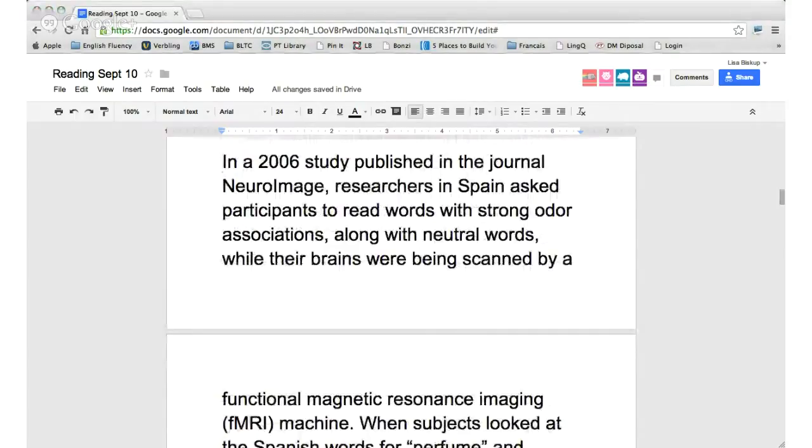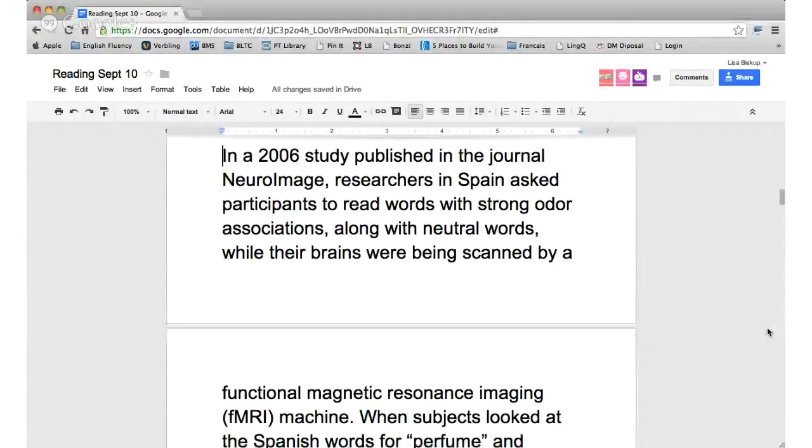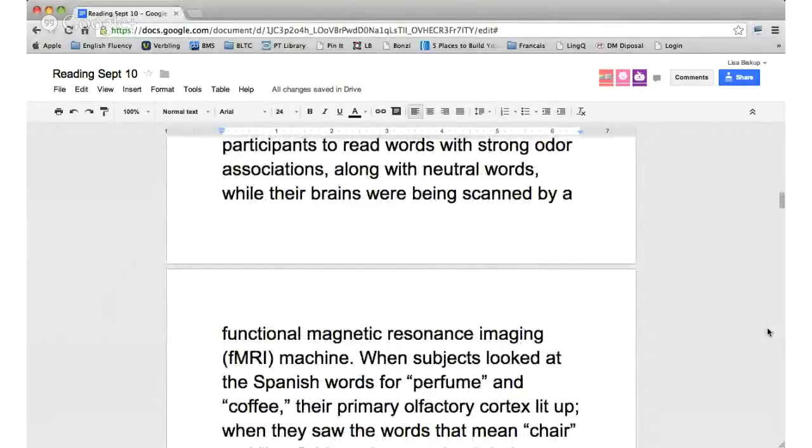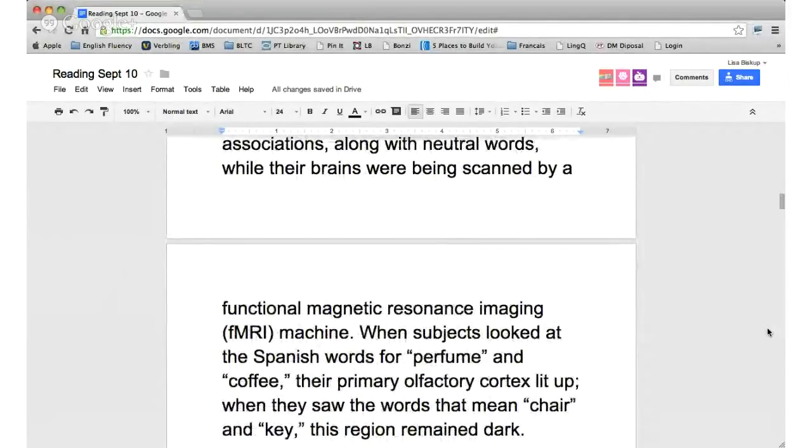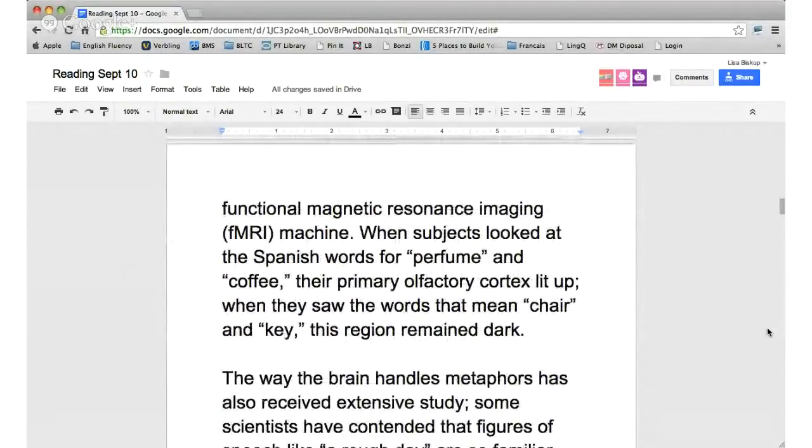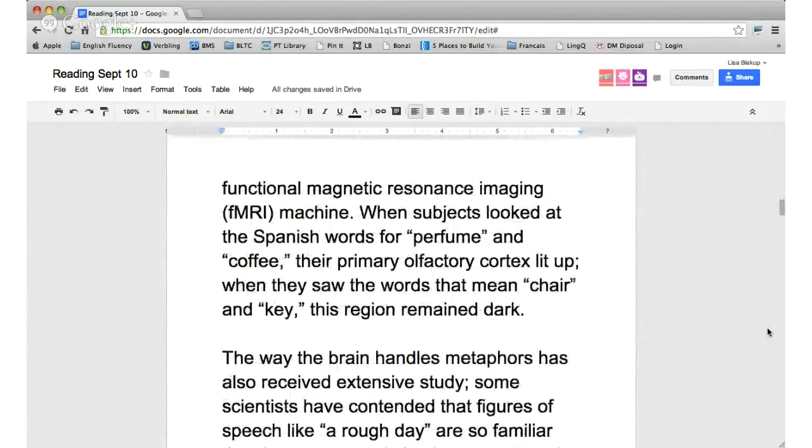In a 2006 study published in the journal Neuroimage, researchers in Spain asked participants to read words with strong odor associations, along with neutral words, while their brains were being scanned by a functional magnetic resonance imaging (fMRI) machine.